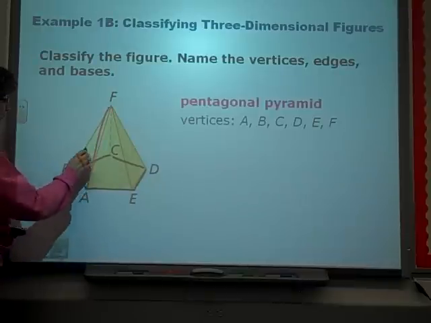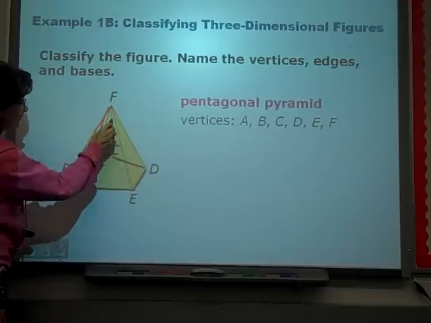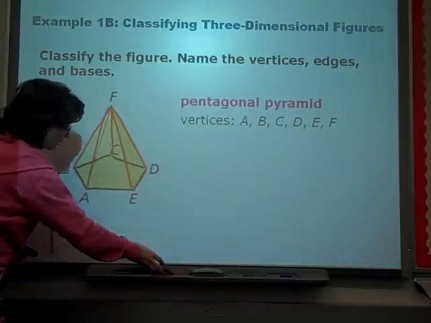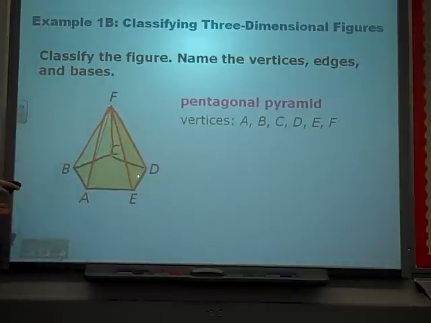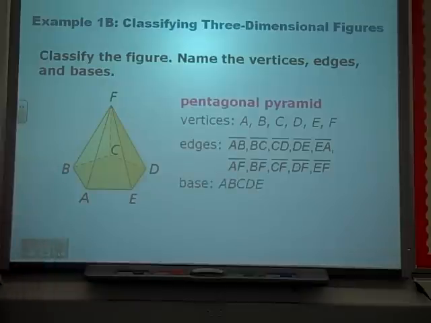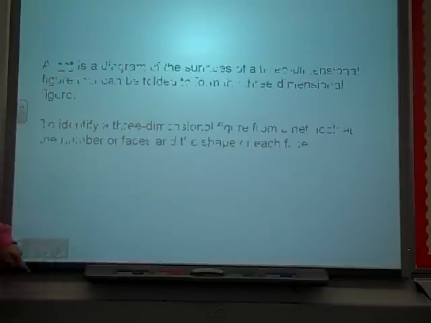A to F, B to F, C to F, D to F, and E to F. So when you come into a point with a pyramid, you have as many edges around the base as you've got, and then double that because you're going up to this top point. And those are all segments. The only base you have is this one, A, B, C, D, E. The others are all these sides are faces.